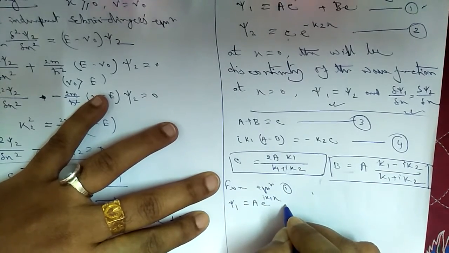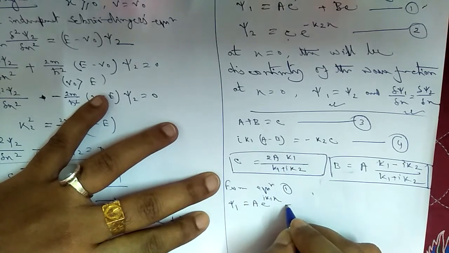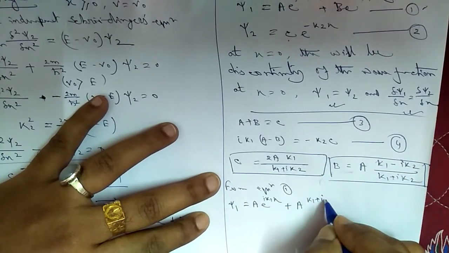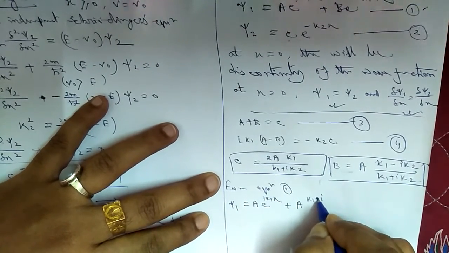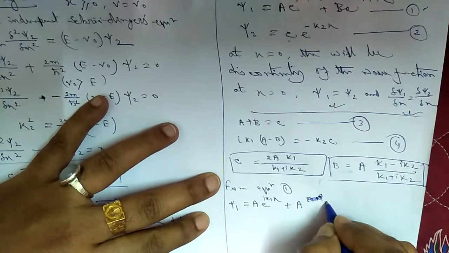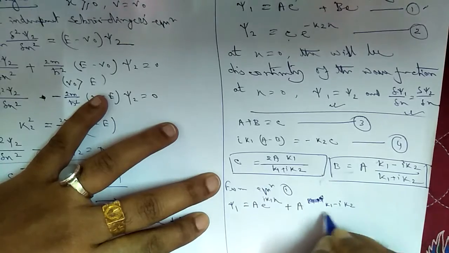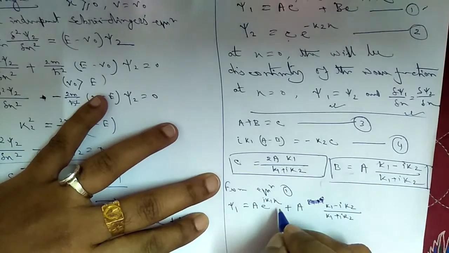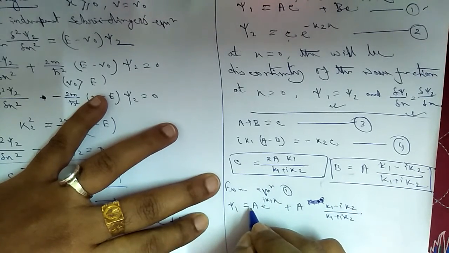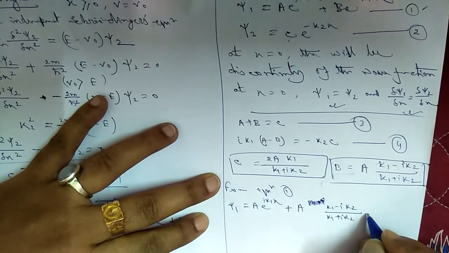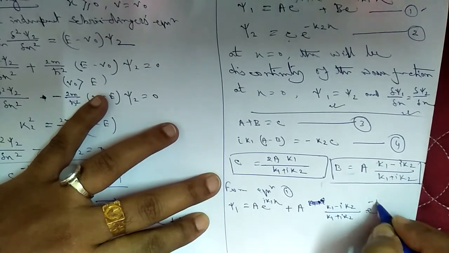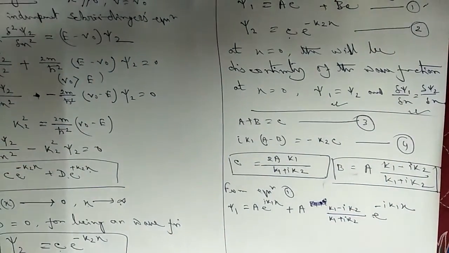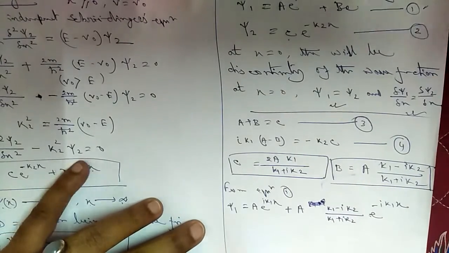Second term b I have to write in terms of a, so I will write it as plus a into k1 minus i k2 divided by k1 plus i k2, e to the power minus i k1 into x. Fine. So look at the beauty that all the constants are now being converted in terms of a.